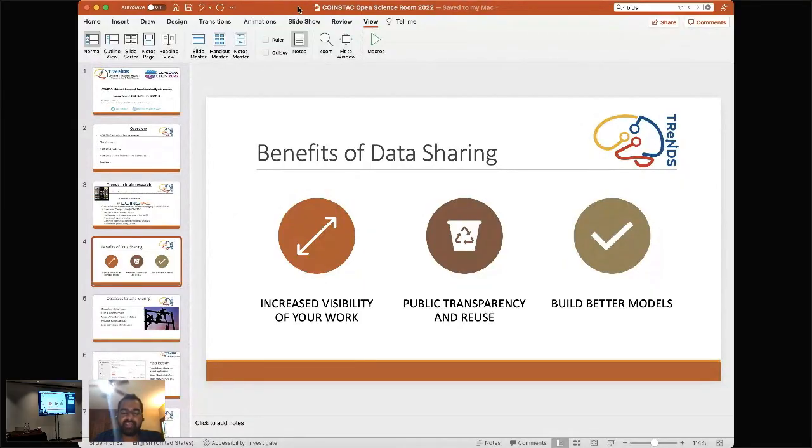As we know, the more data we use to train our machine learning models and different algorithms, the better they are at predicting or giving results with a higher confidence interval. This also helps with public transparency and reuse of data, and increased visibility of the work.